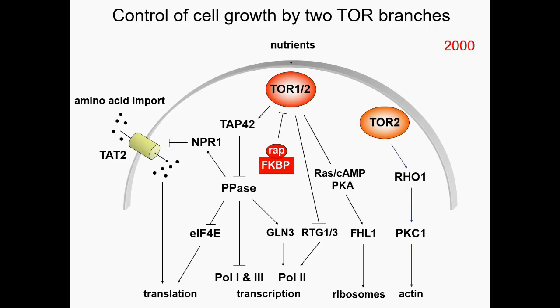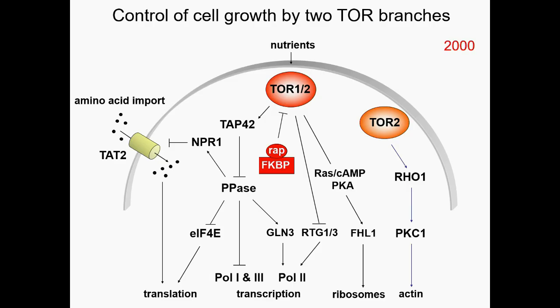So we decided to address these questions now by taking a biochemical approach by purifying the two TOR proteins directly out of yeast cells. And the idea was to use a gentle purification scheme, so if there are interacting proteins, we'll identify them via the co-purification of the TOR proteins, and once we have these, we can understand what TOR actually interacts with directly in the cell to mediate all these processes.